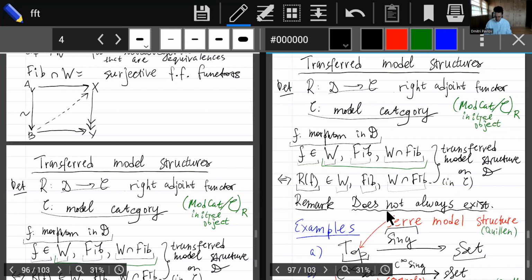So a transfer model structure is transferred along a right adjoint functor.